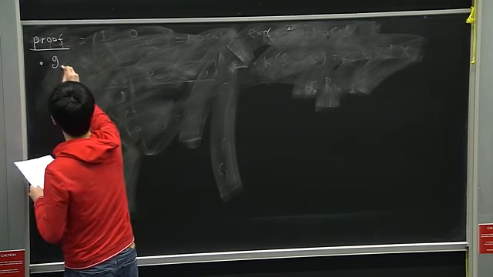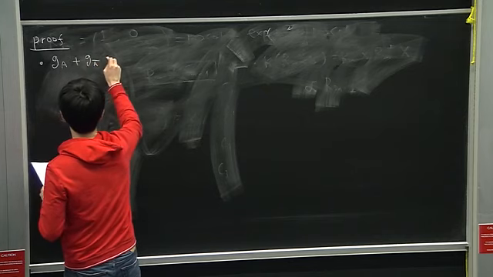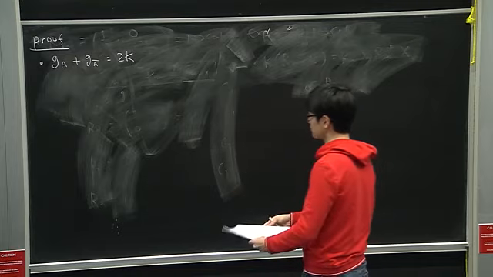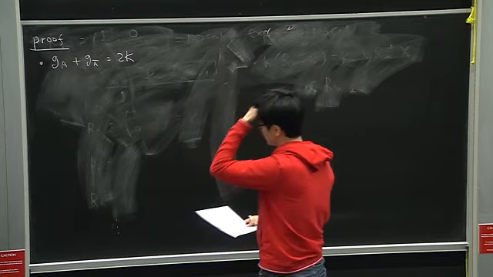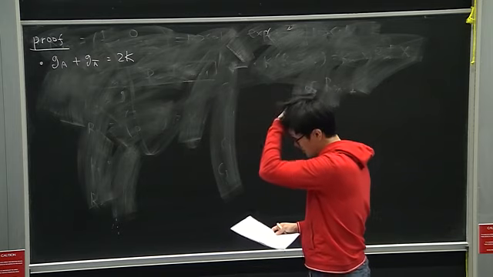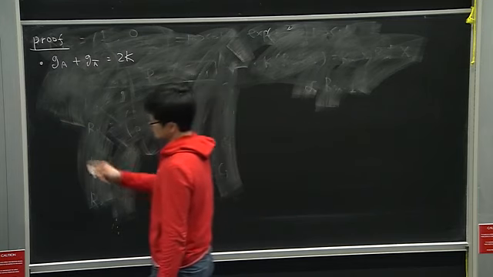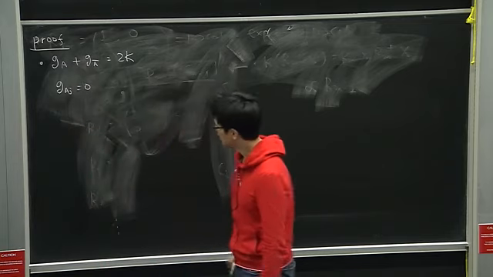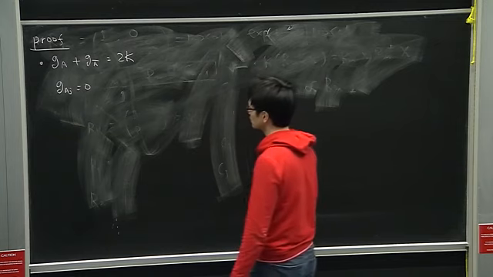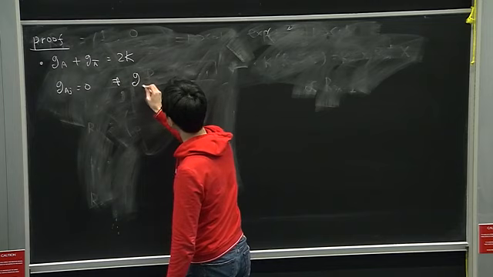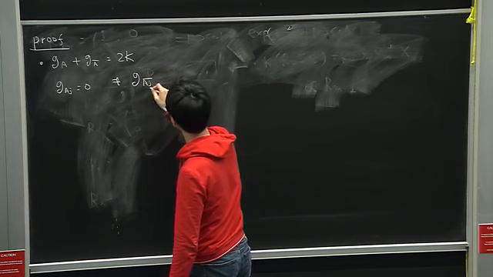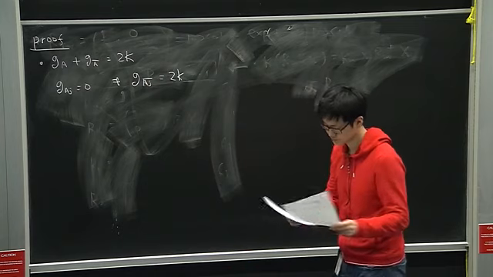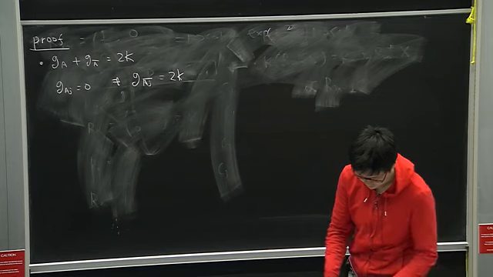First of all, we have this relation: the logical operators on the A subsystem and its complement, if you add up all the number of independent logical operators, then it always equals 2k. Now, by assumption, we know that A_j does not support any logical operator. This implies that all the logical operators can be supported on its complement. Okay. It's just some simple fact.